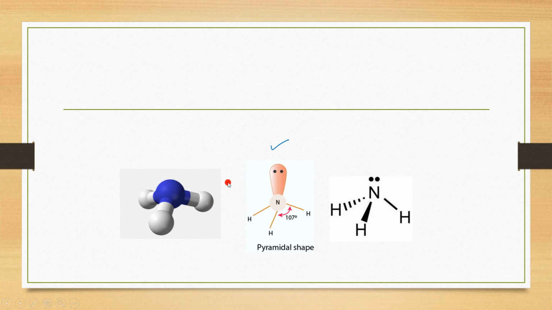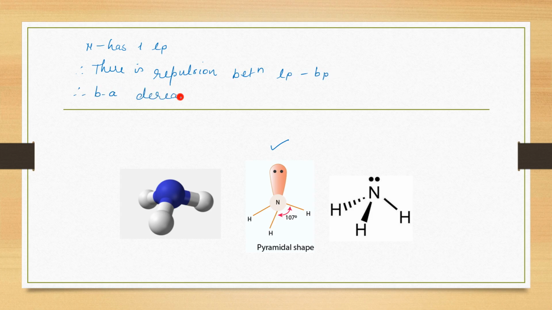I hope you are understanding this. Now, what is the reason behind this? The reason is nitrogen has one lone pair. Therefore, there is repulsion between lone pair and bond pair. Therefore, the bond angle decreases from 109 to 107.